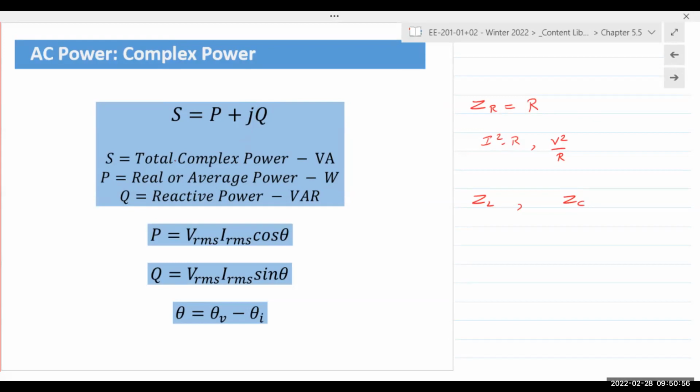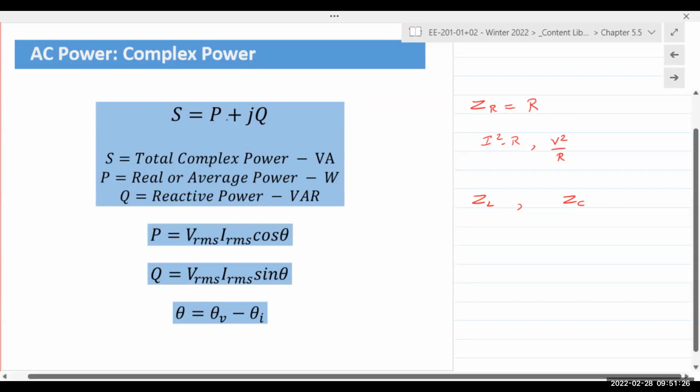Similar to reactance and impedance, we say that the reactive power is imaginary, but it is referring to the mathematical representation. Reactive power has a physical basis. It is real. It has to do with the reactance. It's not just something imaginary someone came up with. It's a mathematical representation which we say is imaginary. So S is P plus JQ.